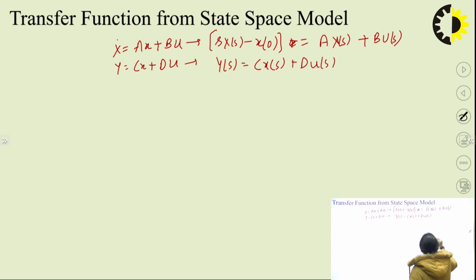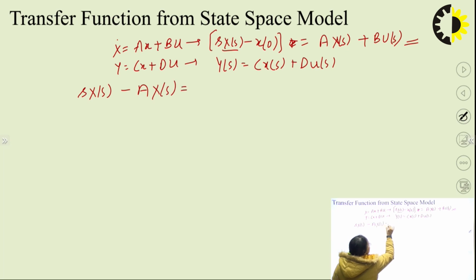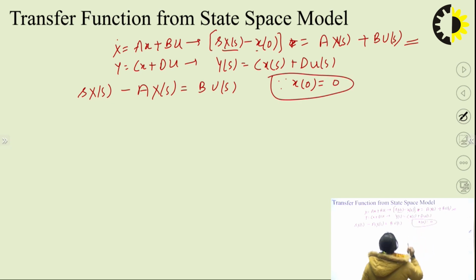Okay, now see this equation. Here I can take Xs as common, but if I am writing it as s into Xs minus A into Xs is equal to, since for the transfer function the initial condition is equal to 0, so I am taking x0 here as 0. ठीक है, initial condition is 0 for the transfer function. ठीक, तो ये बचा, and you know this s is the operator which is used in the Laplace transform, and A is the matrix here, right?